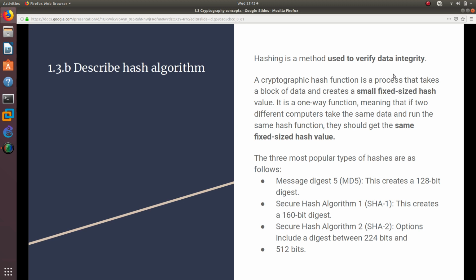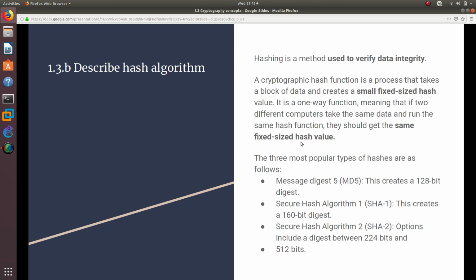So that's how you can provide data integrity by hashing all your documents that you want to send over the public network, okay? And it is a one-way function, meaning that if two different computers take the same data and run the same hash function, they should get the same fixed size hash value, okay?